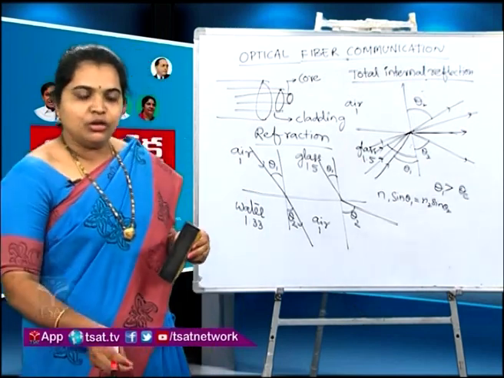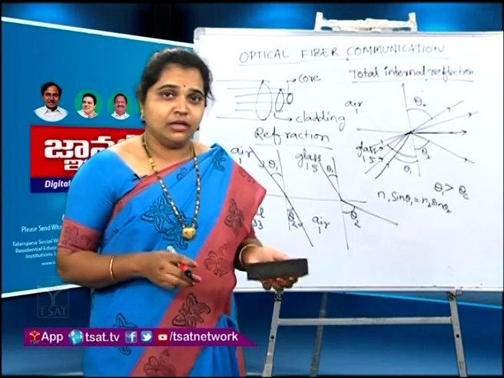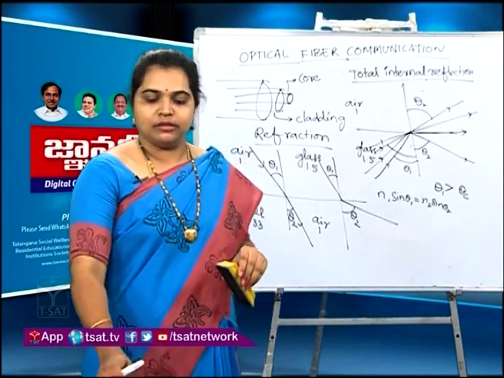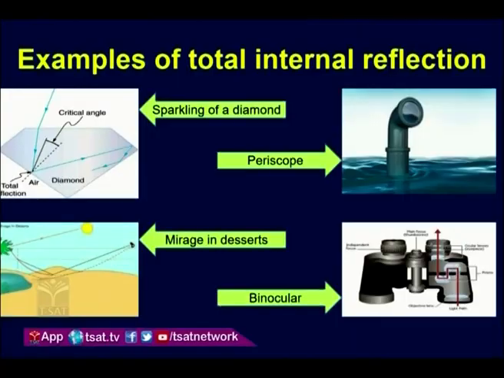And not only optical fibers, we have so many examples of total internal reflection. Look at the slide. See, the sparkling of diamond. The diamond shines based on total internal reflection, and also periscopes, generally used in submarines, and mirages.